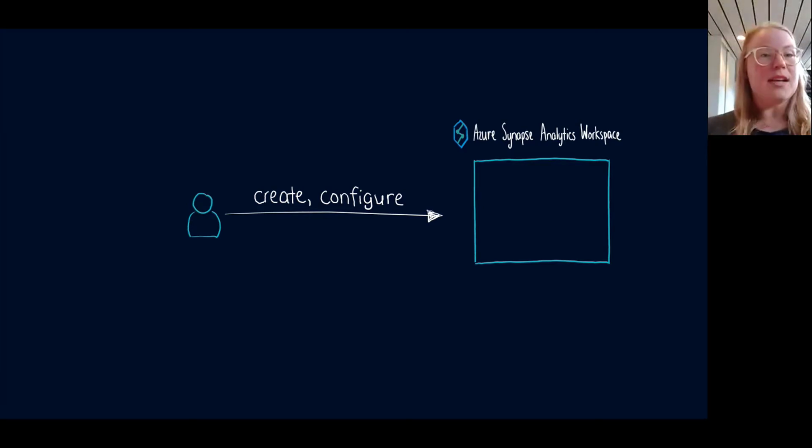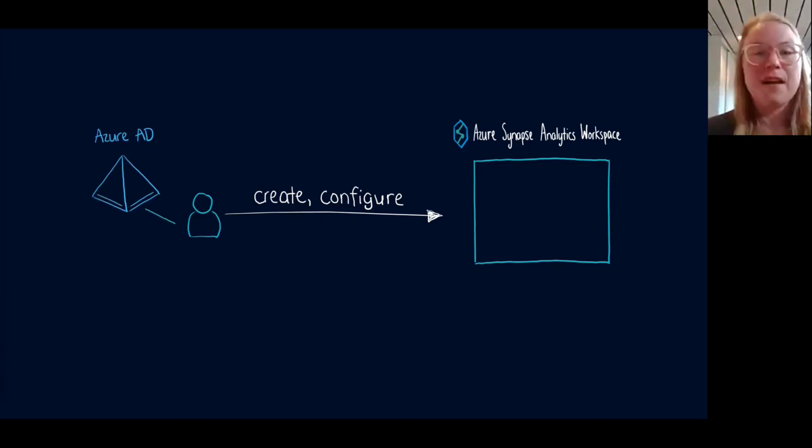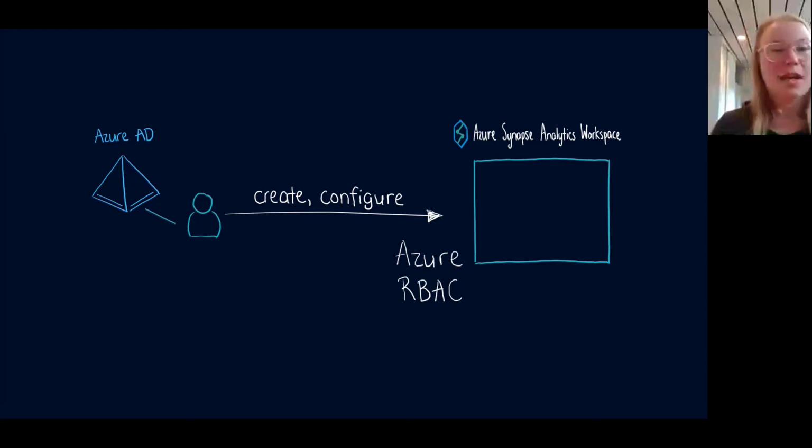To be able to do that and have the ability to do this creation and configuration, we have to have that user in our Azure AD. And then we would be able to give them some Azure RBAC rights, whatever they need, whether it's just to create this specific resource or to create multiple resources. That, of course, depends on the situation and the user.